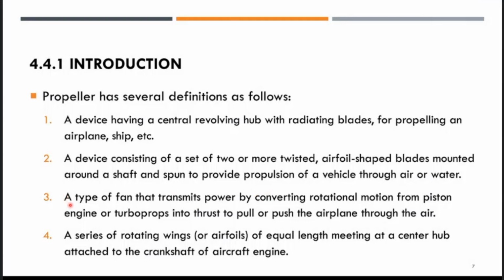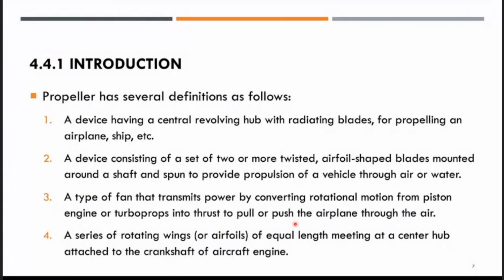A propeller can also be defined as a type of fan that can transmit power by converting rotational motion, either from a piston engine or turboprop, into thrust to pull or to push the airplane.